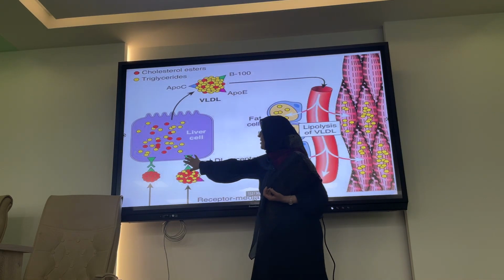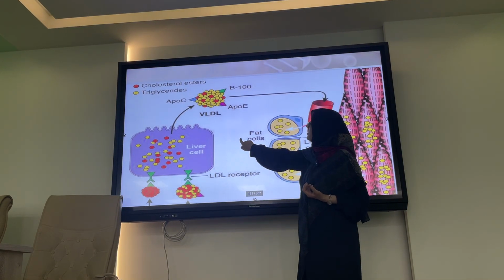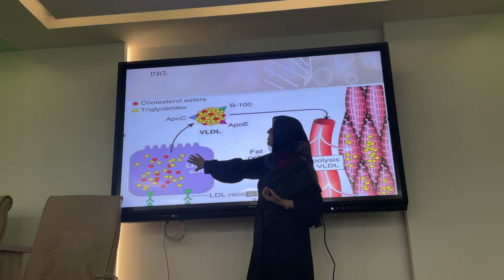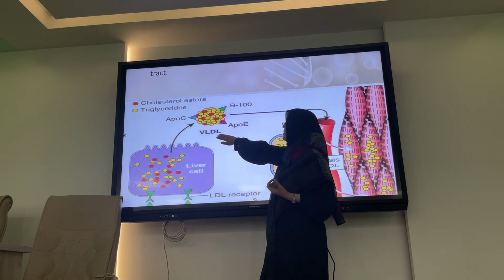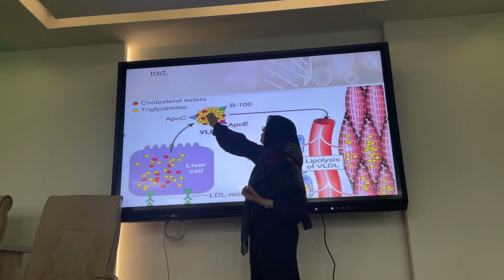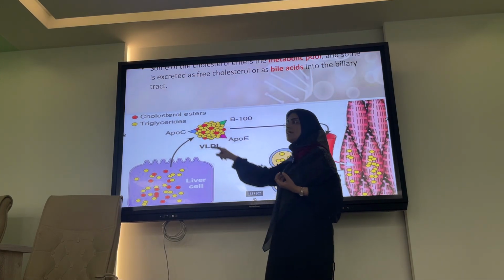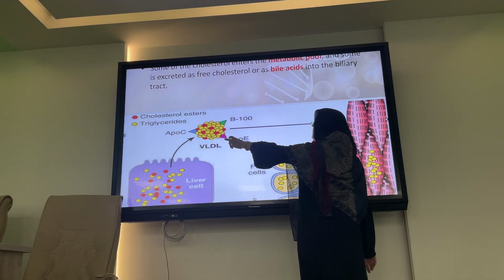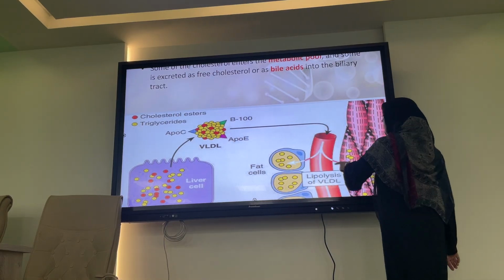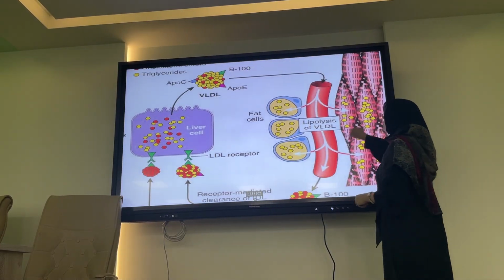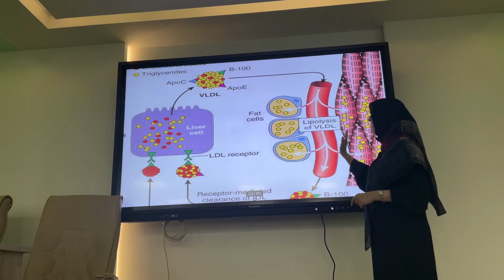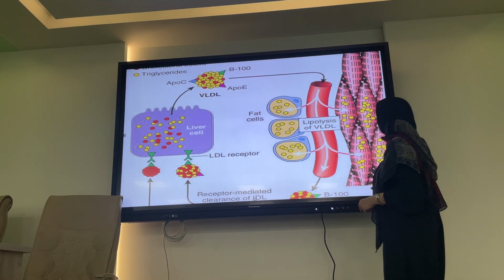In one side, we have the LDL receptor. On the other side, in the endogenous pathway, very low density lipoprotein, which is full of triglycerides, but the cholesterol is lower. This VLDL passes through the vessels, and by lipoprotein lipase, free fatty acid goes to the cells.